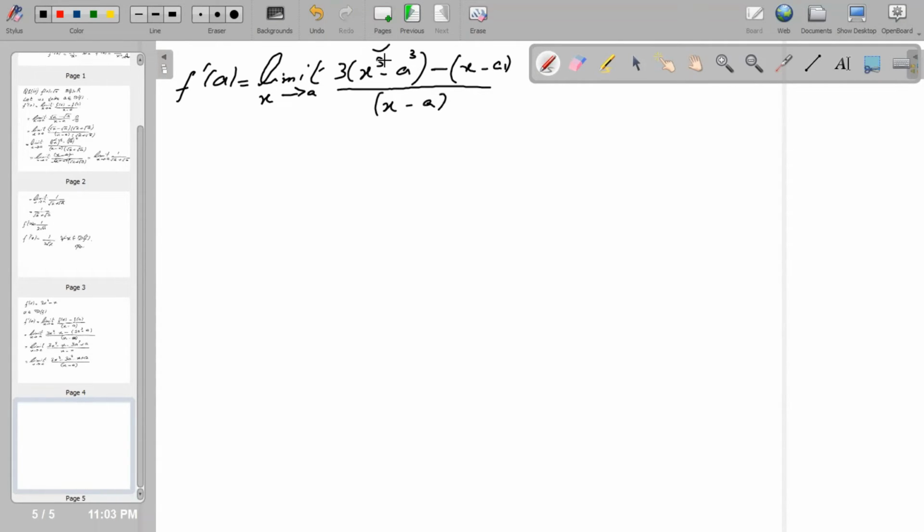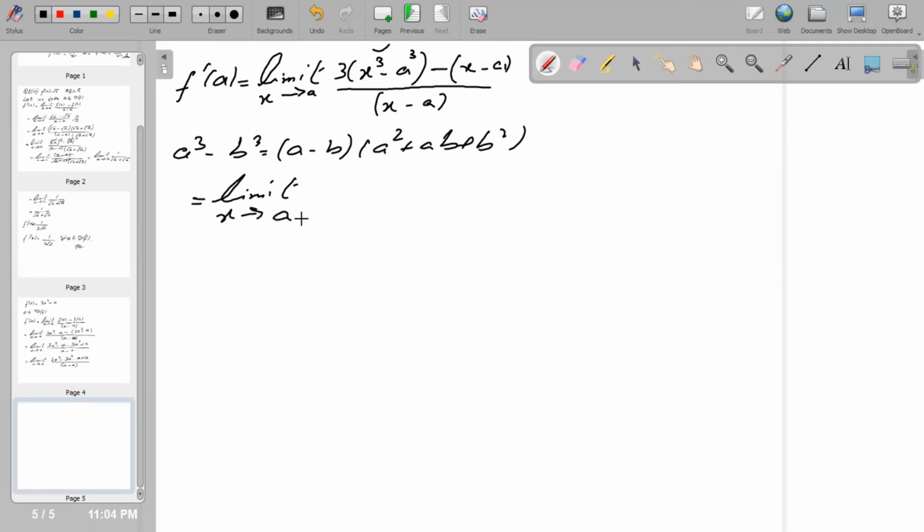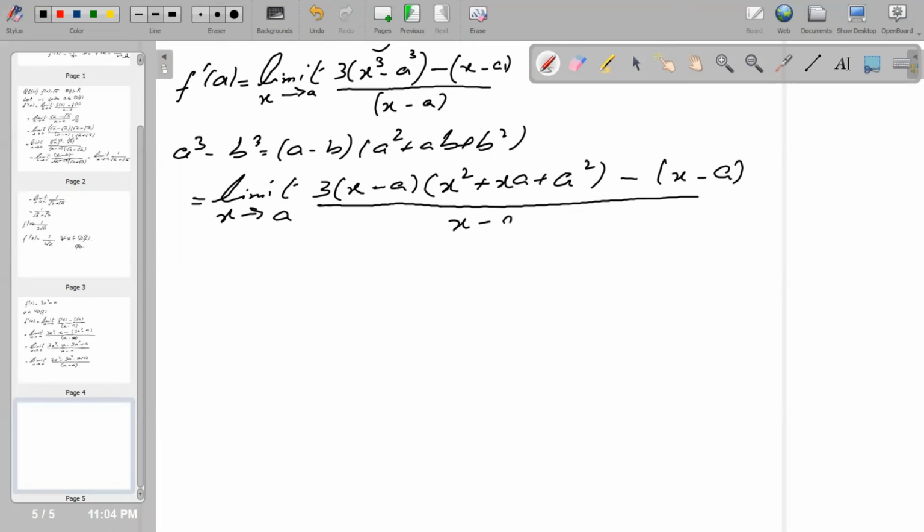Now here we apply the formula a cube minus b cube, which is equal to a minus b multiplied by a square plus ab plus b square. So limit as x approaches a, 3 times a minus b, which is x minus a, and we have a square, which is x square, plus ab, which is xa, plus b square, which is a square, and here we have x minus a, divided by x minus a.